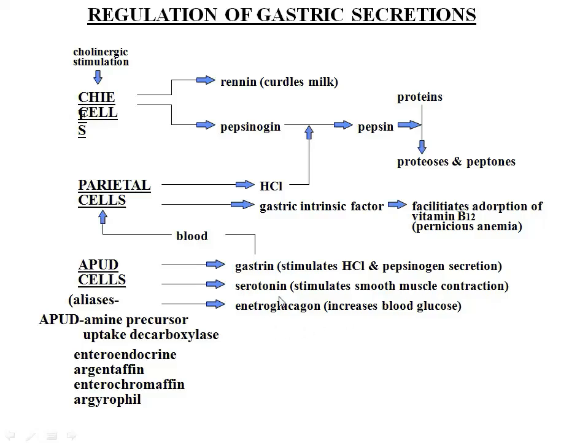You feel good. Then enteroglucagon increases the blood glucose level. So basically, these APUD cells work as enteroendocrine cells. The major secretory cells in the stomach are the chief cells and parietal cells.